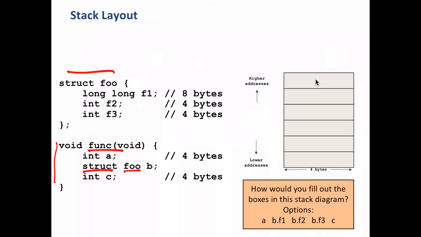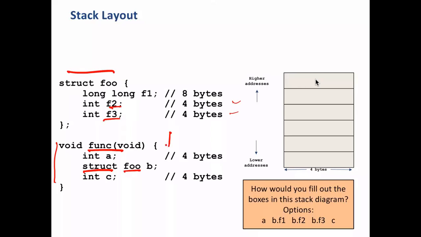It has long f1, basically an 8-byte variable, then int f2 and int f3, which are 4 bytes each. Let's assume int is 4 bytes; on a different processor, such as a 16-bit one, the size of int could be different. But let's assume this is the way it is. Now let's see in what order variables will be stored on the stack.